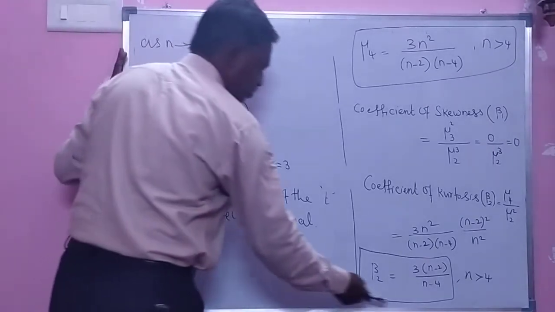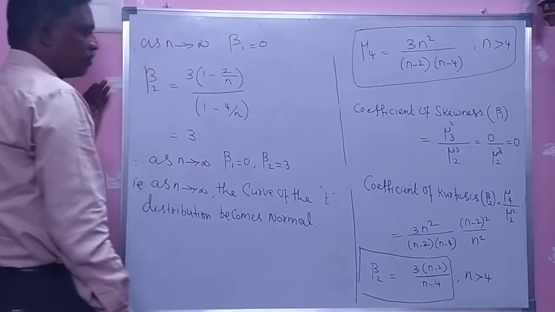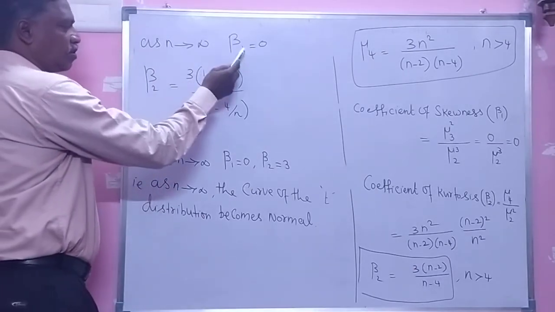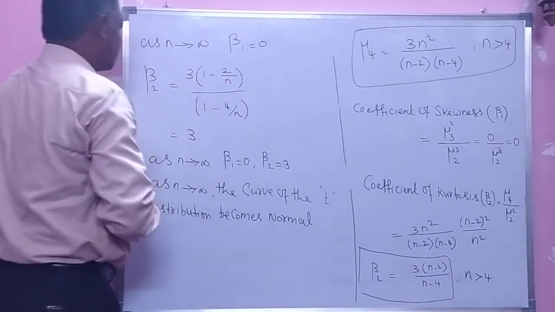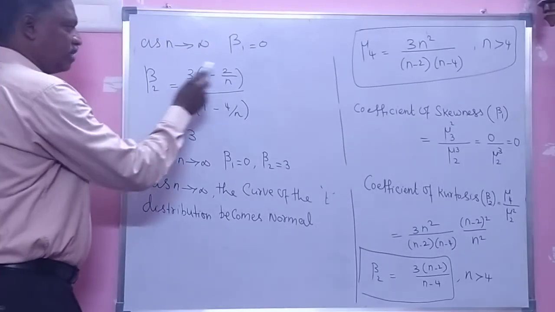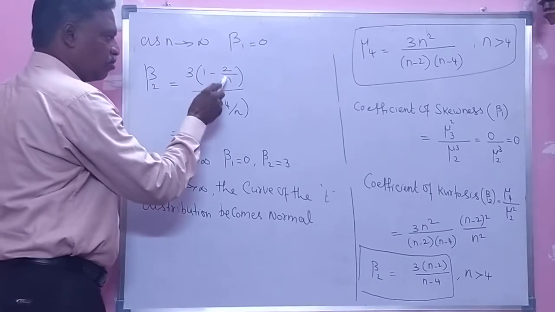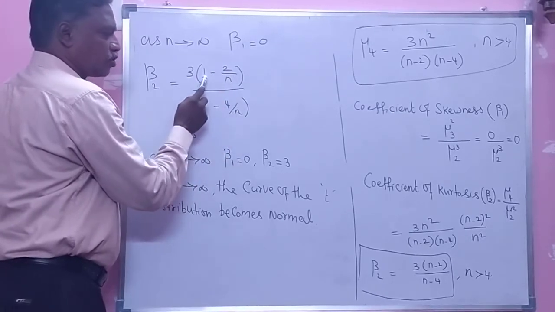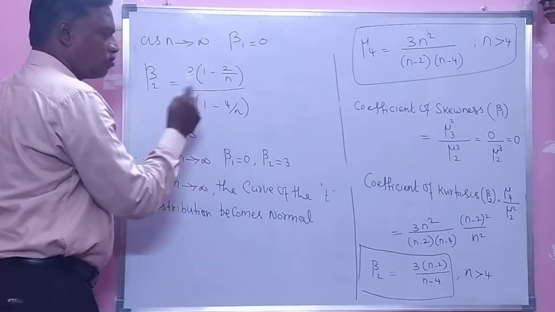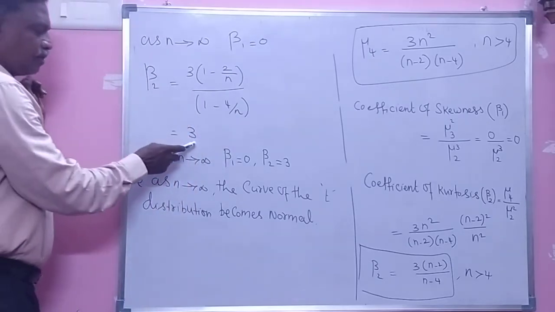So we have obtained beta 2 equal to this. Now we apply n tends to infinity. As n tends to infinity, beta 1 is 0; already we proved that beta 1 is 0. Now for beta 2, we divide the terms in both the numerator and denominator by n: 1 minus 2 by n, and 1 minus 4 by n. Now applying n tends to infinity, it will be 3.